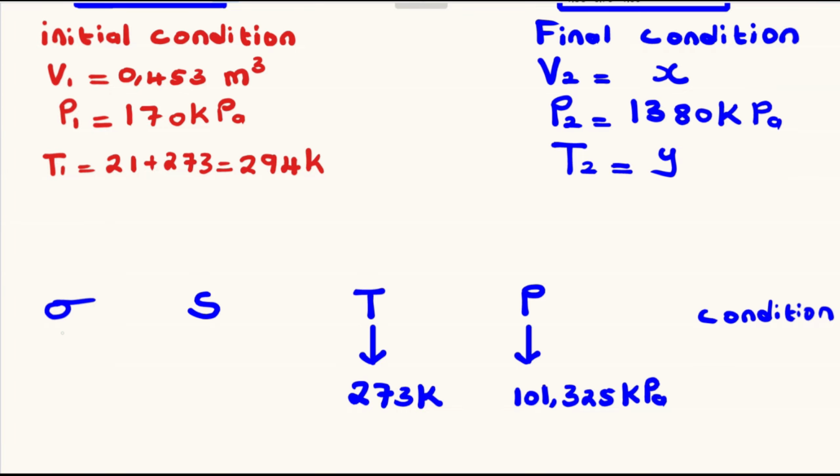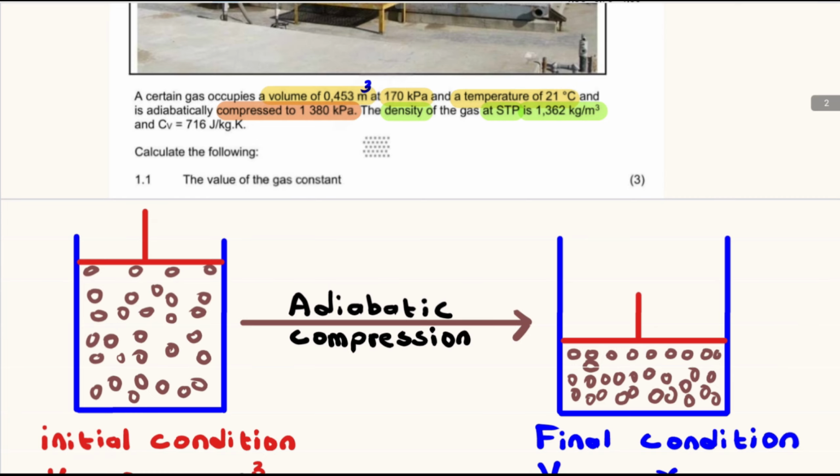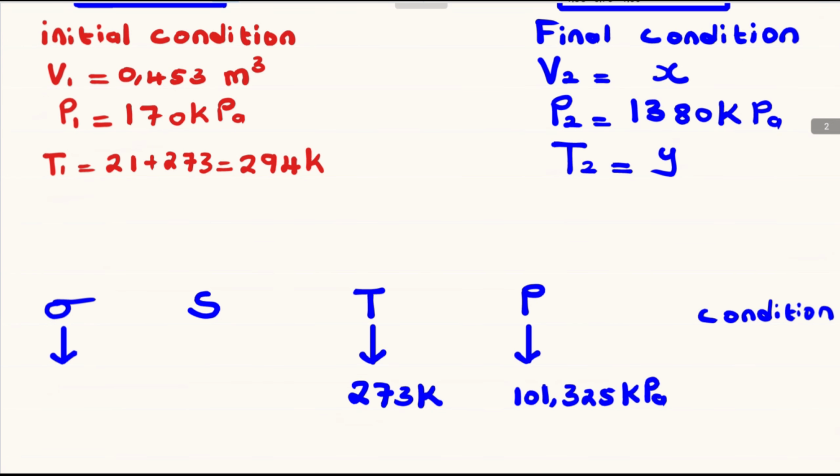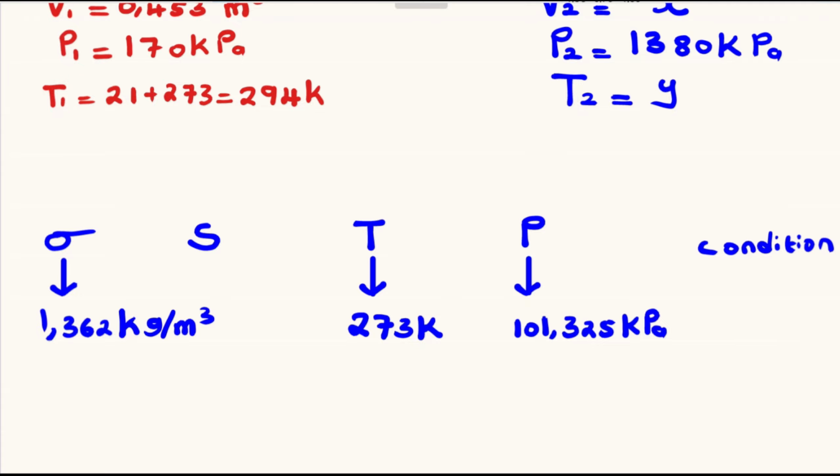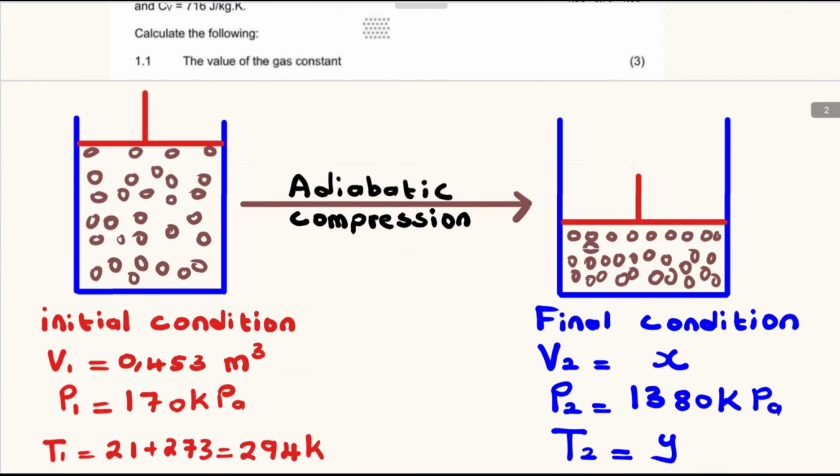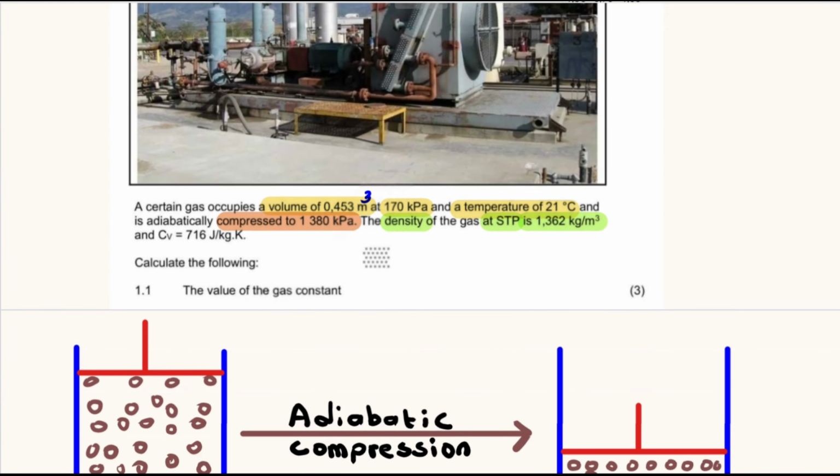And the density was given as 1,362 kilogram per meter cube. So we have extracted all the data for the initial condition, the final condition, and the standard condition.